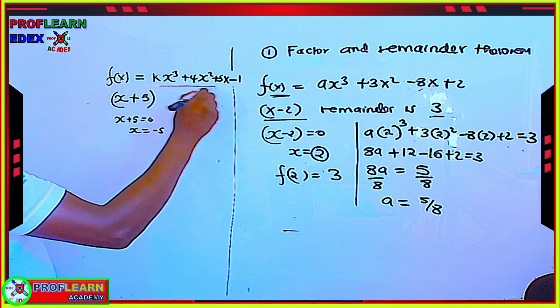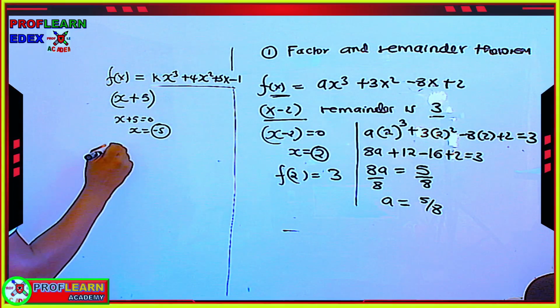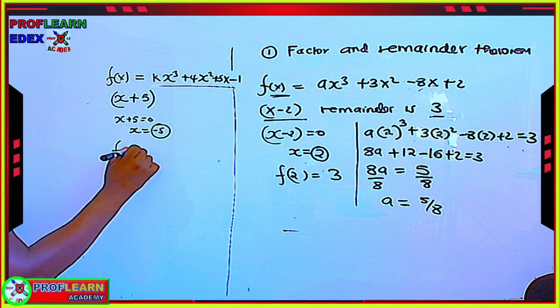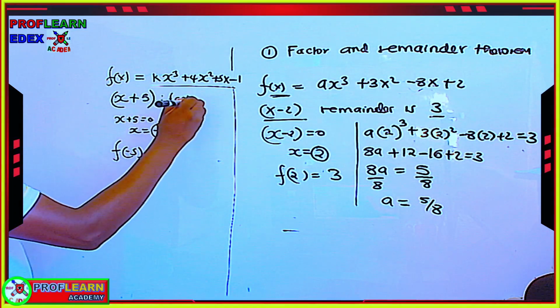Then now you substitute x equals to negative 5 into this, and then we are going to say f of negative 5 must give us 0 if you are told that is a factor.